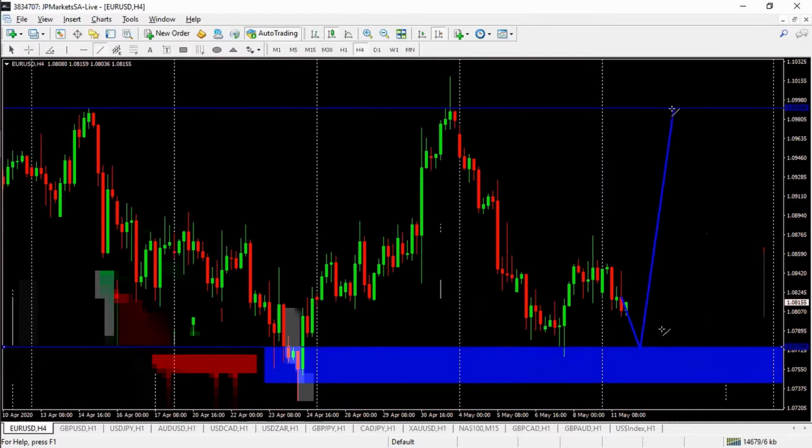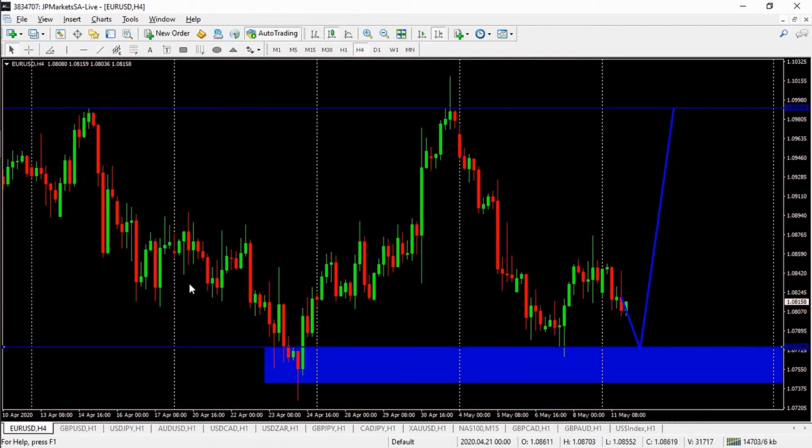Then it pulls back to this target. So if you get involved, we will look for it to push back up, but bearing in mind that there are a lot of structures that might get involved in your trade and force you to close your trades.